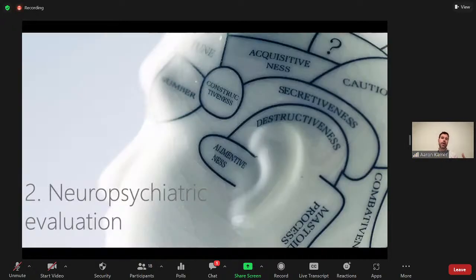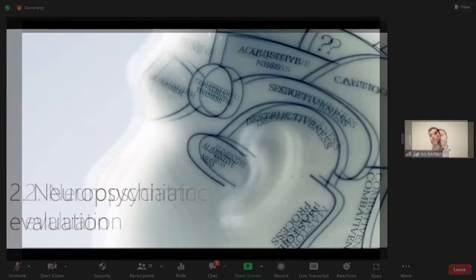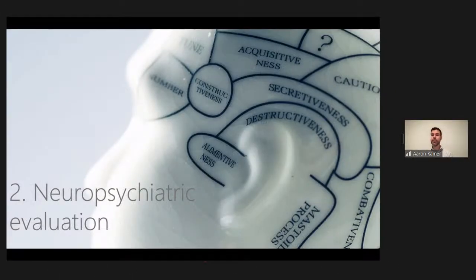After our patients have been evaluated by neurology to figure out where the seizures may be coming from based on clinical symptomatology, they often have a neuropsychiatric evaluation. One of the reasons for a neuropsychiatric evaluation is to localize where the seizures may be coming from.